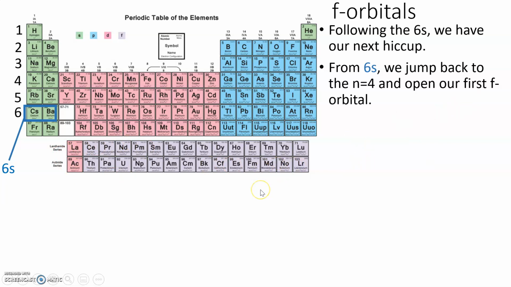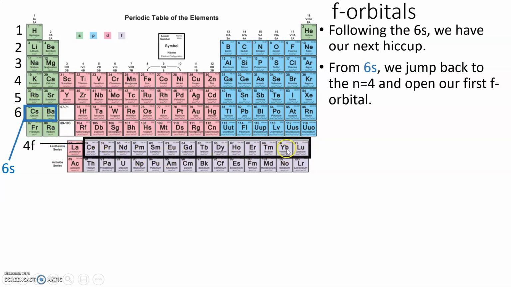So similar to how the d orbital, 3d, was lower than the 4s in energy, so we had to go with the 4s first. In F block, even the 4f is a lot more energy than anything in the 5th energy level. So we wait until after we've opened up the 6s, and that's when we go to the 4f.